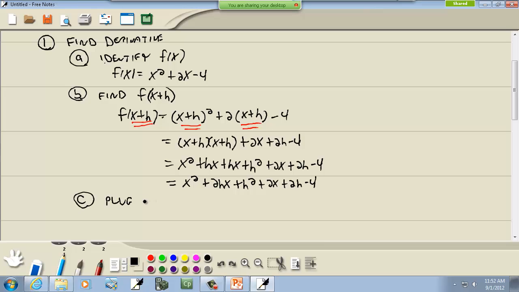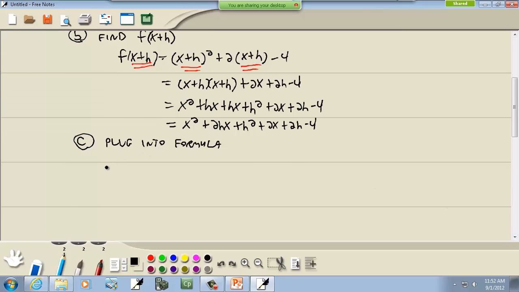Third sub-step, plug into the formula. Well, our derivative is equal to the limit as h goes to 0 of f of x plus h minus f of x all over h. So we got limit as h goes to 0.